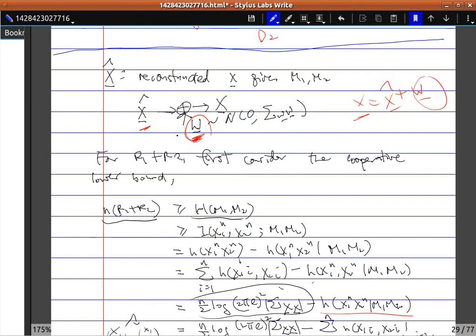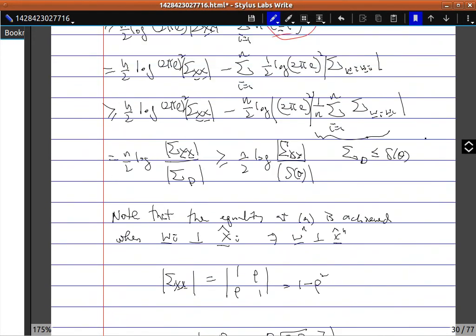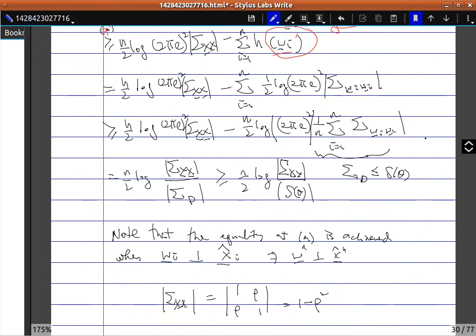So if the variance is sigma w, then because these two are independent, we can find the covariance of x hat as sigma x minus sigma w. We'll use this fact a lot afterward.